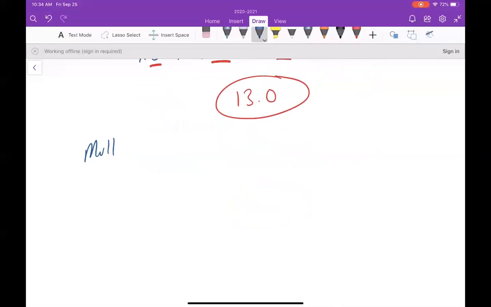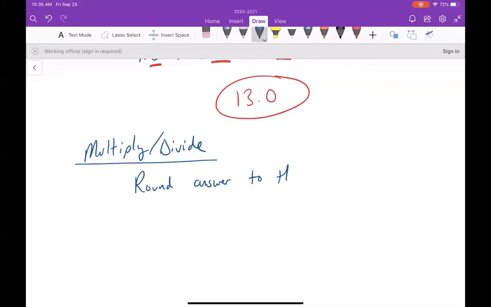When we are multiplying or dividing, right? Multiply or divide. The rule is very similar, just one little tiny difference, okay? We're going to round the answer to the number of significant figures, not decimal places, of the least precise measurement.